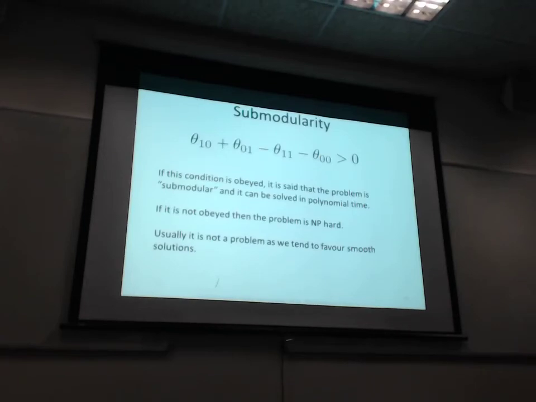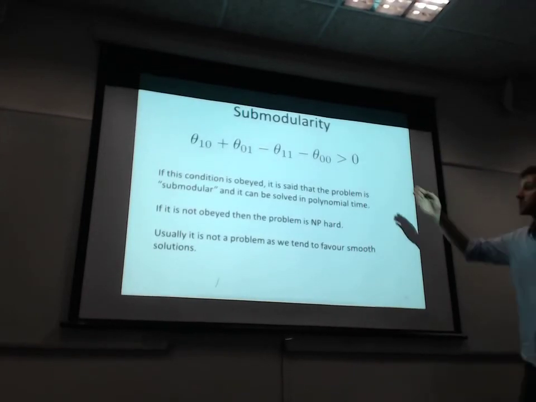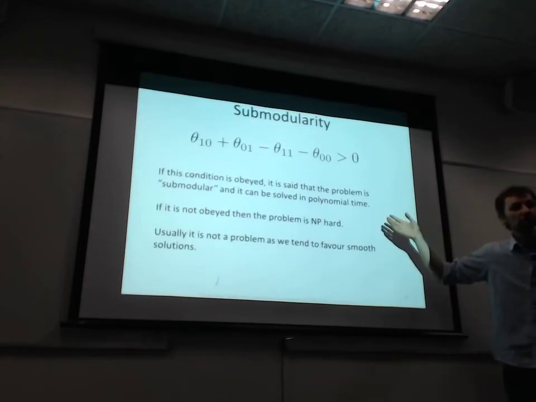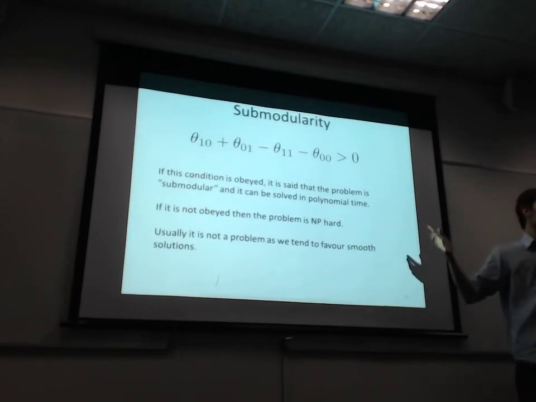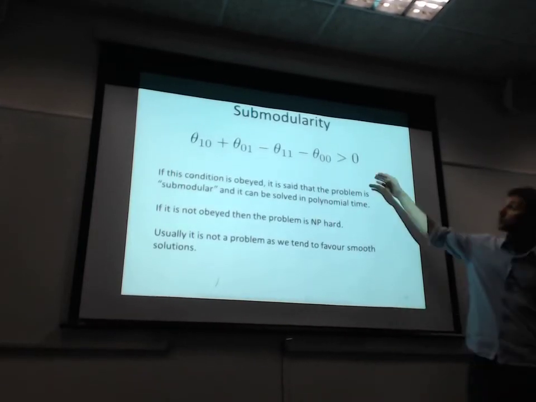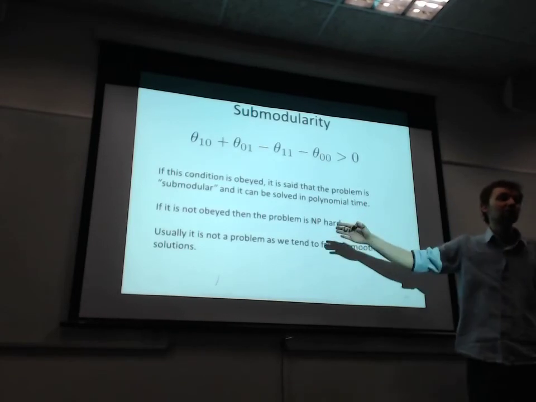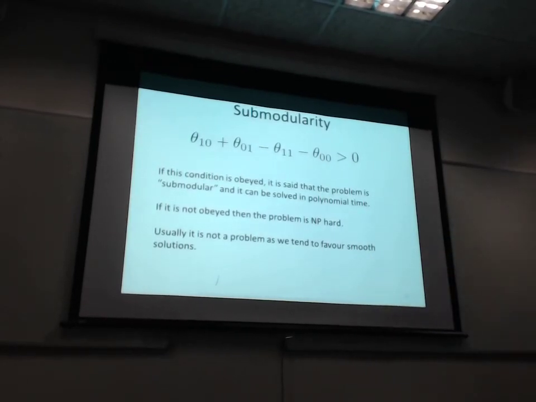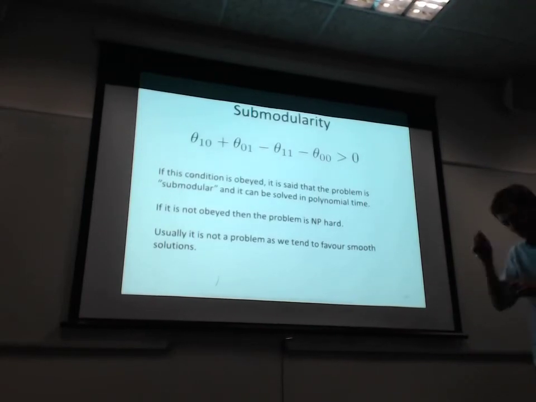So, this is the definition of submodularity. If this condition is obeyed, the problem is said to be submodular and can be solved in polynomial time. Polynomial time because our augmenting paths take polynomial time. If you don't obey this rule, then it's NP hard. NP hard essentially says you have to try all the combinations of 0, 1, 1, 0, 0, 0.